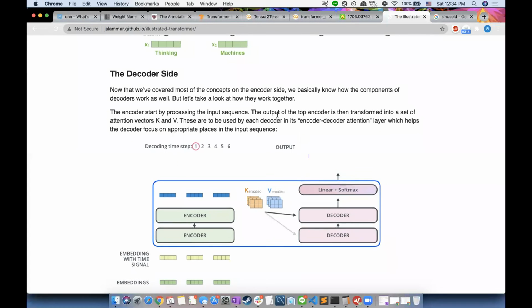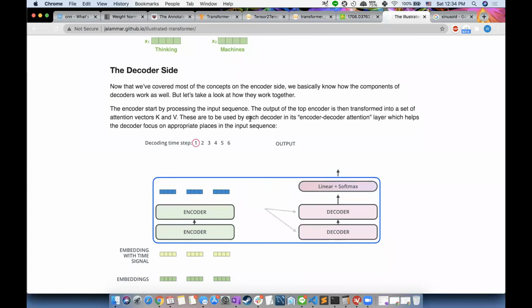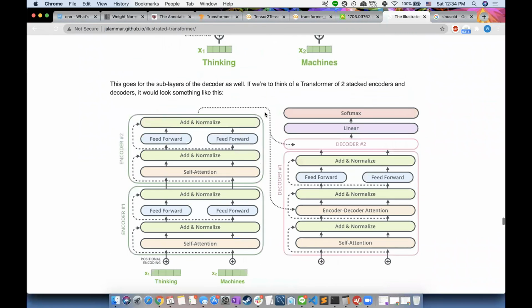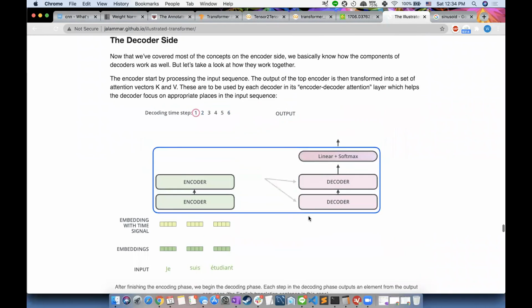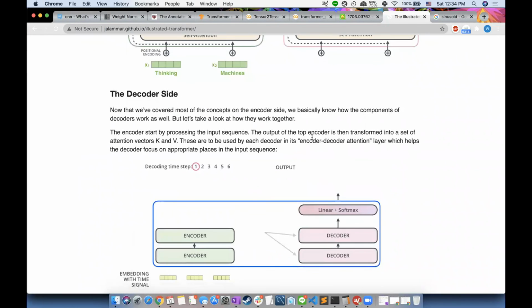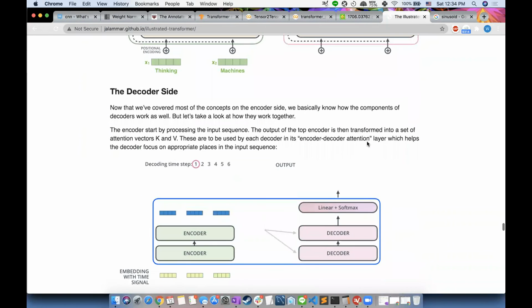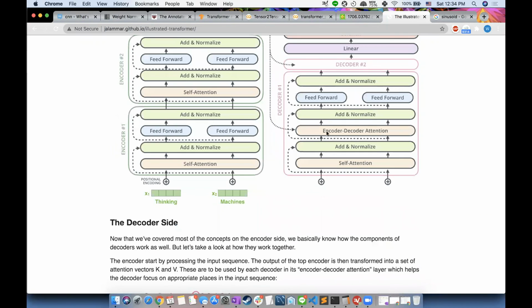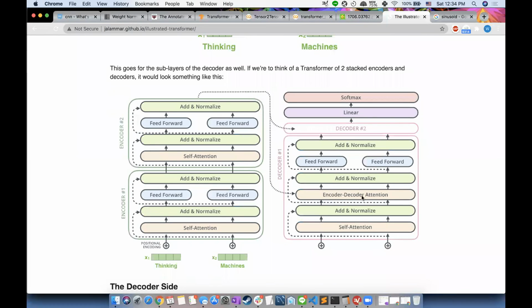But it literally says right here, only the top encoder, which is probably the last encoder, is then transformed into the set of attention vectors K and V. And then they're used by each decoder, right? So hence the 2 different arrows to each decoder, this decoder 2, this decoder 1. So each decoder, in its encoder-decoder attention layer, in this layer, decoder 2 has this layer too.